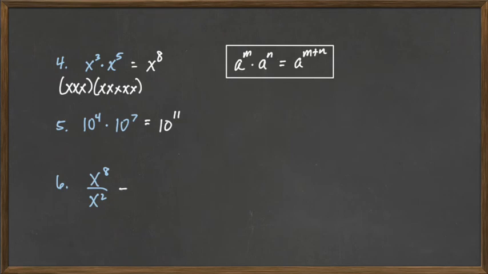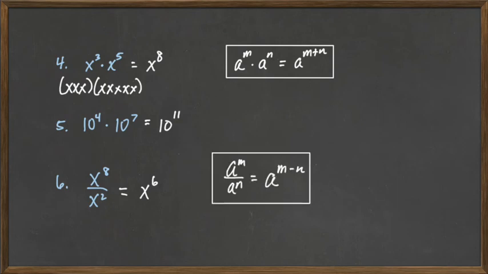And so we get x to the 8 minus 2 power, or x to the 6th. The property that we're using is a to the m over a to the n equals a to the m minus n. So if you divide two powers, you just subtract the exponents, just like when you multiply two powers, you add the exponents.